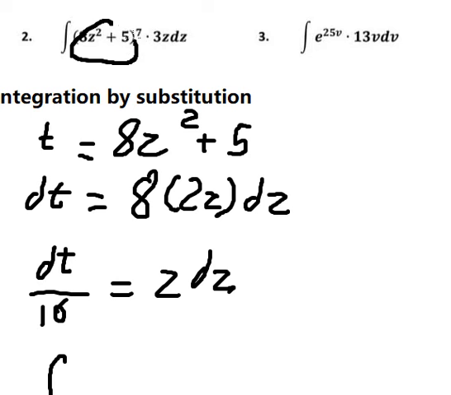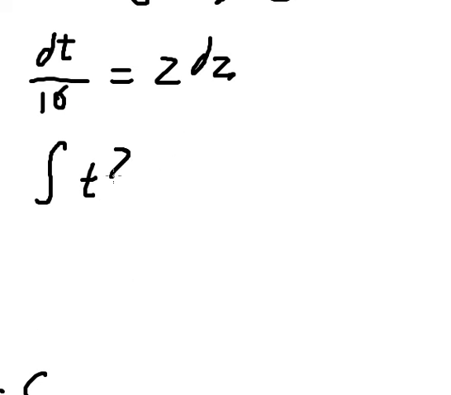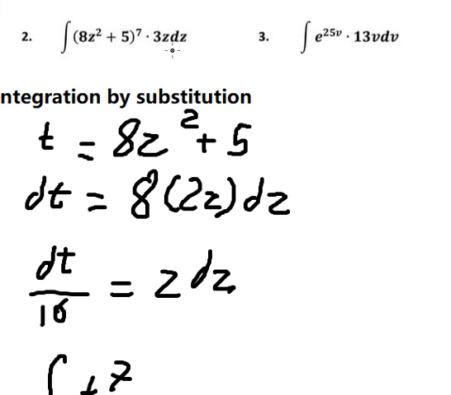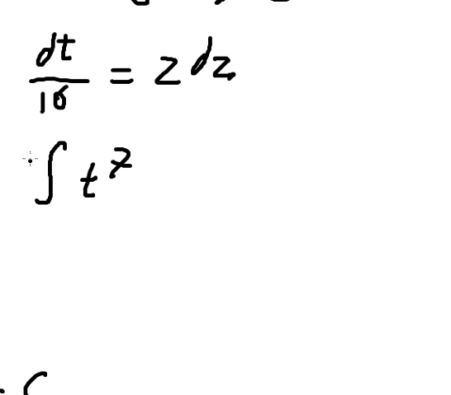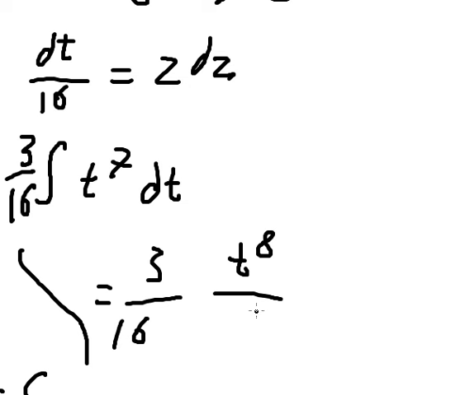Now, this one, we change by t. z dz, we change by dt over 16. And I will put number 3 and number 16 in here. Now, the integration of t to the power of 7, we have t to the power of 8 over 8.